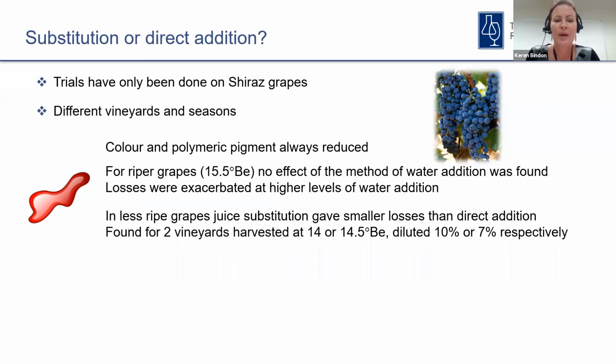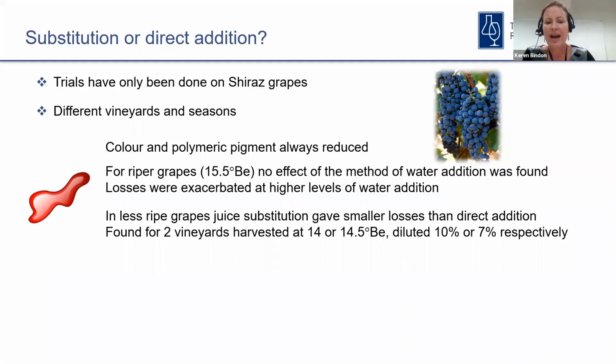But it was found that when the grapes were riper, there was no effect of the method of water addition. So we saw quantitative differences in colour and tannin when higher levels of water addition were made, so greater losses. But the way in which the water was applied did not affect colour and tannin.